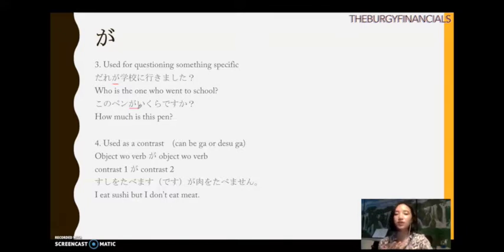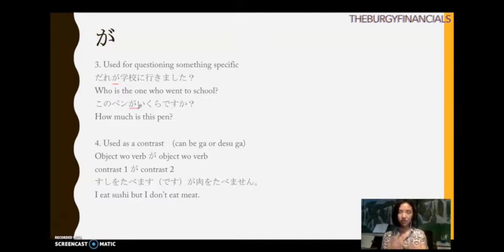Now, if we want to use ga in order to compare two things with one another, you can usually use ga or desu ga. So the pattern for this would be the object wo verb ga object wo verb.